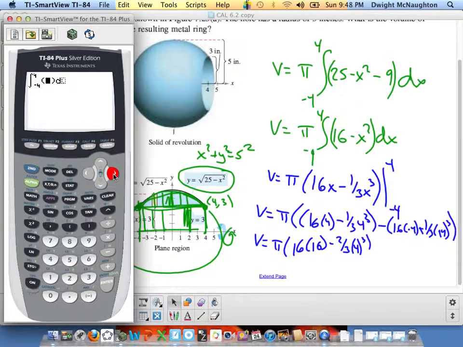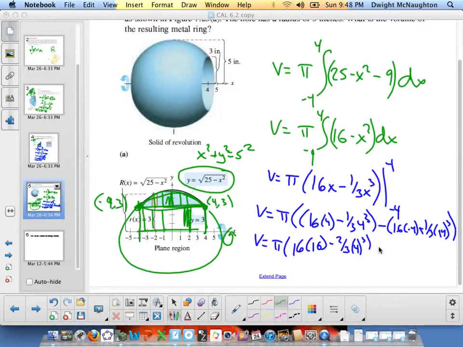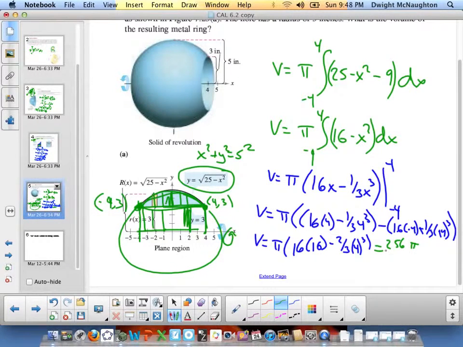And we'll do the simplified form, 16 minus x squared with respect to x. We get 85.3 repeating, which is 256 over 3. Don't forget to multiply by pi, so this ends up being 256 pi over 3.